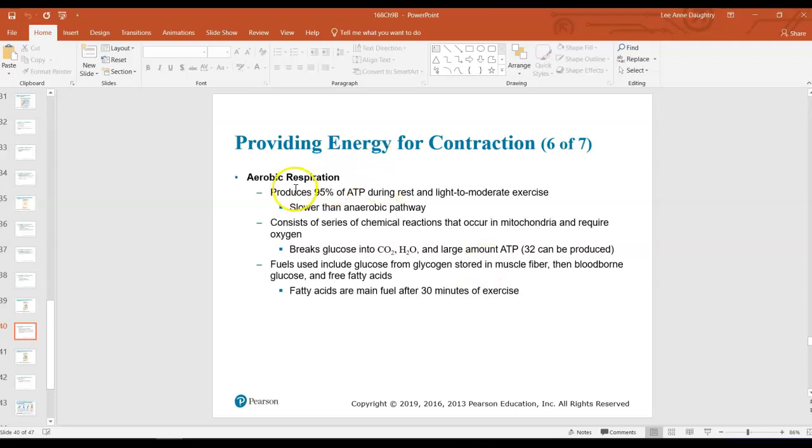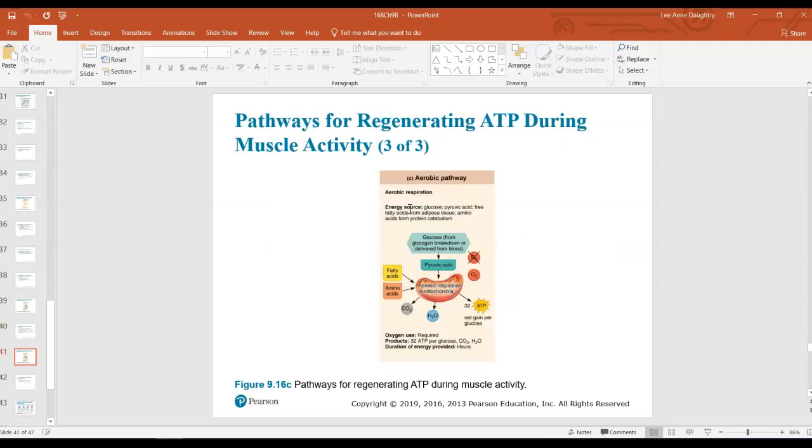Aerobic respiration occurs in muscle cells. It produces 95% of the ATP during rest and light to moderate exercise. So aerobic respiration is mainly used during rest and light exercise, whereas anaerobic respiration is going to be used in the muscle during high muscle activity.